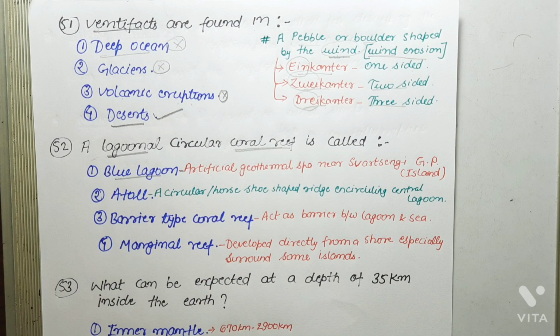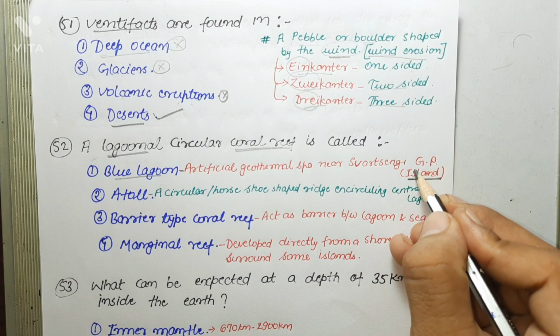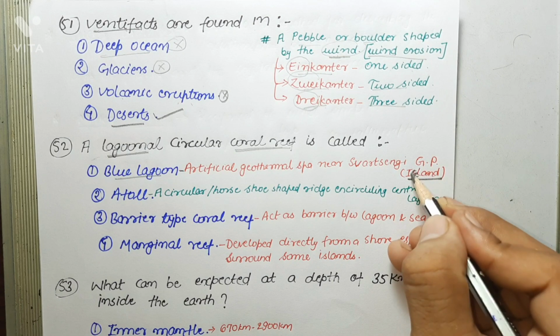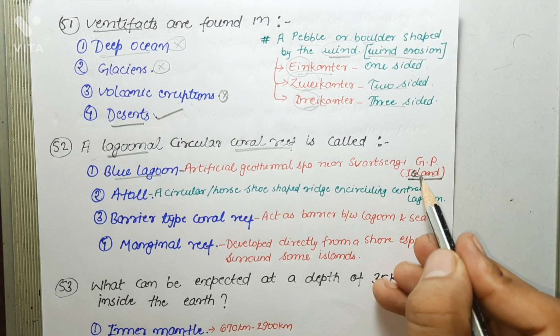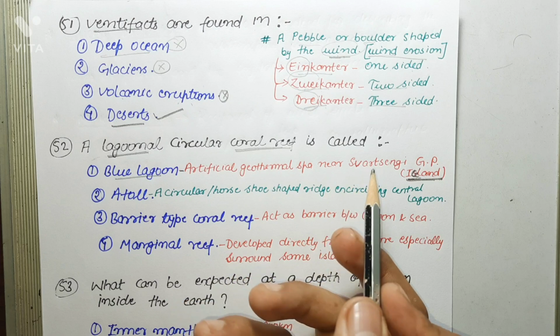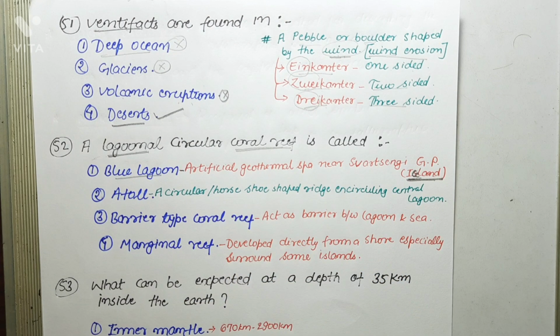Blue Lagoon is an artificial geothermal spa near the Svartsengi geothermal power plant in Iceland. Sorry, it's Iceland, not island. Blue Lagoon is an artificial geothermal spa, and it is the result of the water output from the Svartsengi geothermal power plant itself.